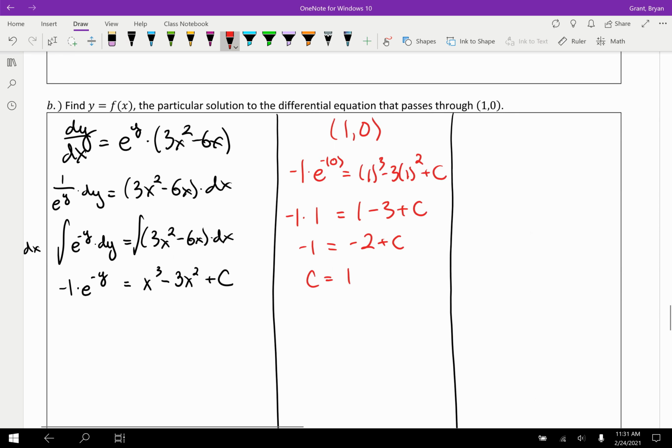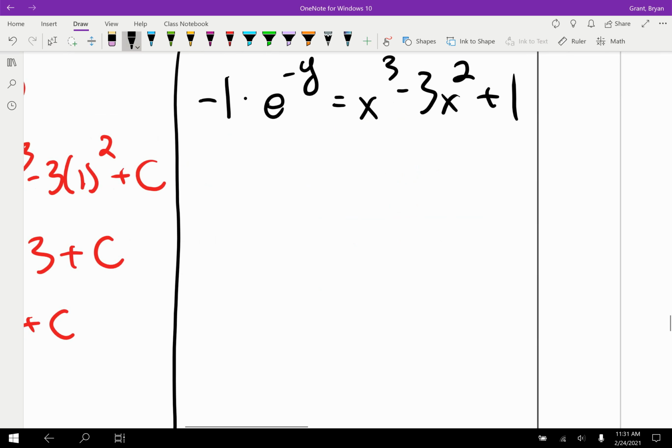Last step, we have negative 1 times e to the negative y equals x cubed minus 3x squared plus 1. Well, I'm definitely going to divide that negative 1 over to the other side, so negative x cubed plus 3x squared minus 1. And then we need to undo e. Do we remember how to do that?